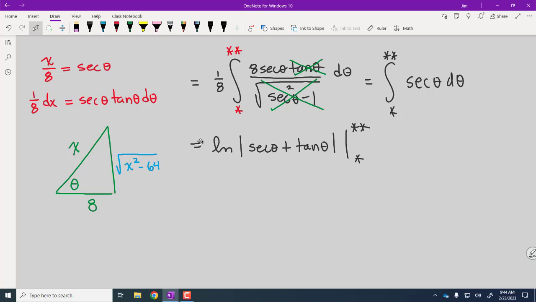And now we're capable of going back to x. So we come in here, secant of theta, we know right there is x divided by 8. Tangent of theta, we look at our triangle. Tangent is rise over run.